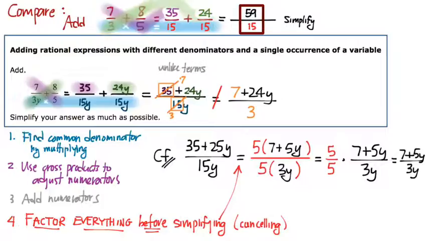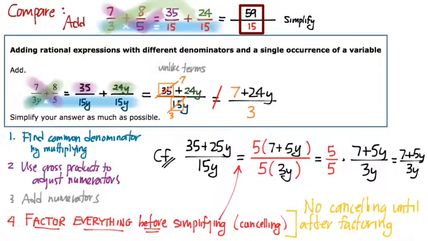Right? And so my point here, and this is the point that I don't want to get lost in the shuffle of everything today, is that there is no canceling until after factoring. Because the cancellation that we did in the bottom here, in this example, is legit canceling.